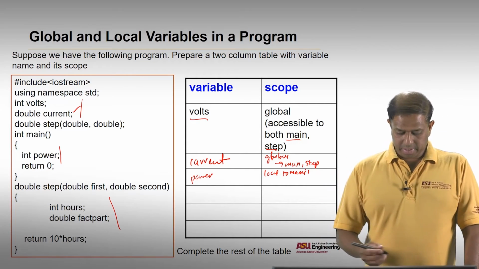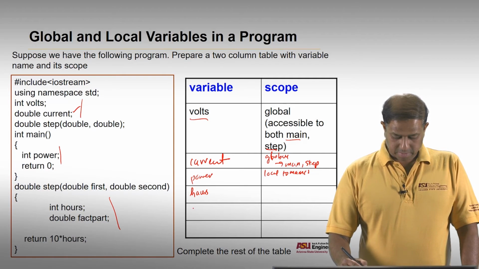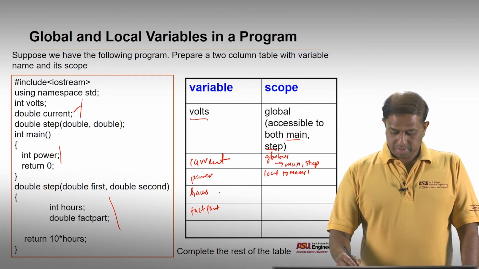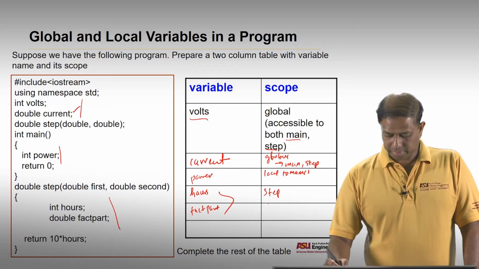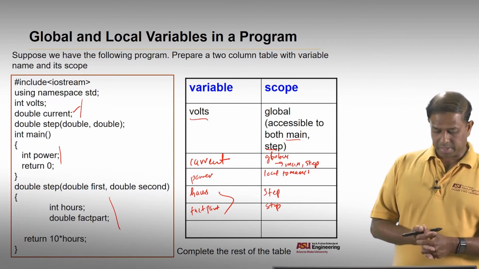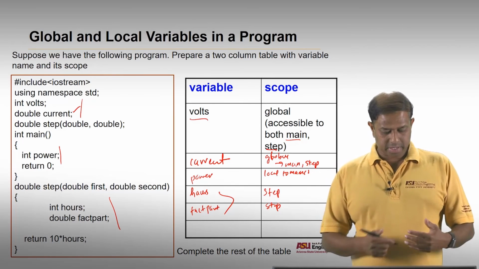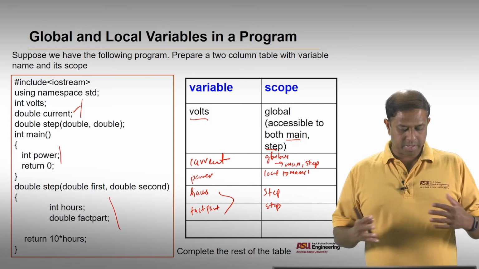Now inside the step method, there's a variable called hours, and there's another one called fact part. Both of these variables are local to the step method, so nobody else can really access those data members.